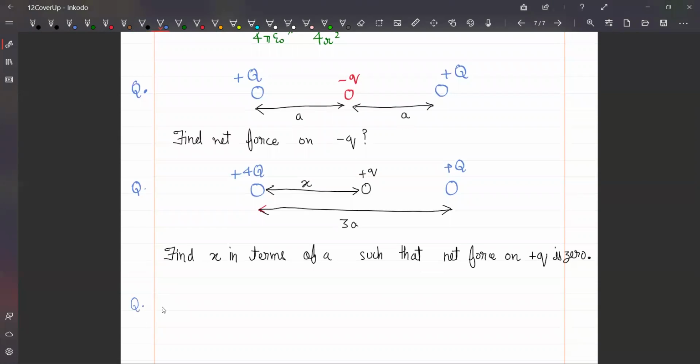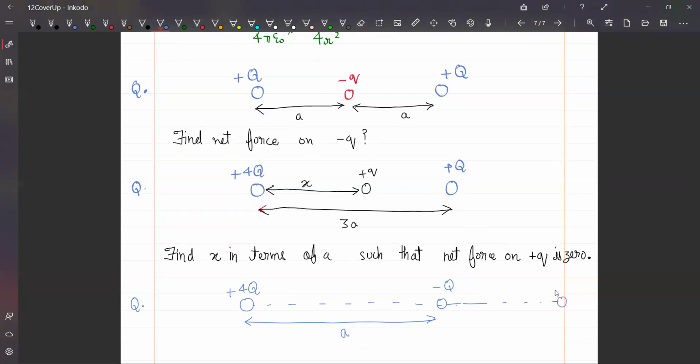I'll give these questions to practice as homework. Once you are done, you can send me the answer. Let us say this charge is plus 4Q. This charge is plus Q. They are separated by a distance A. You want to put another charge. Let me say that this charge is negative.